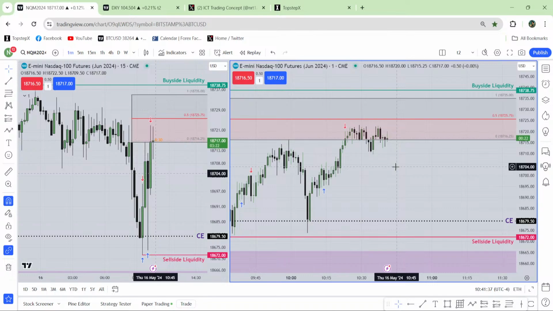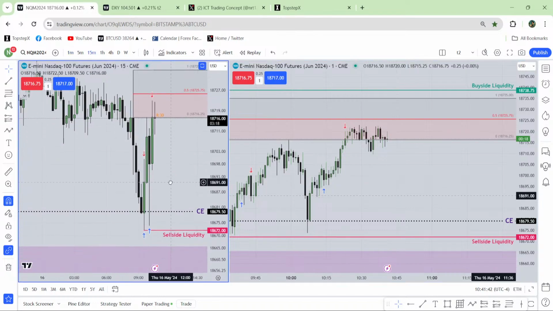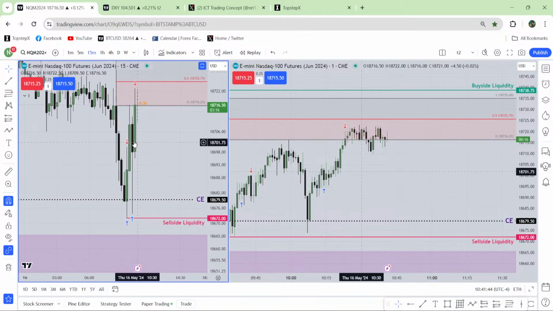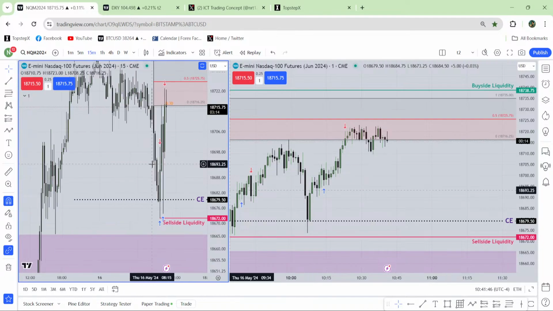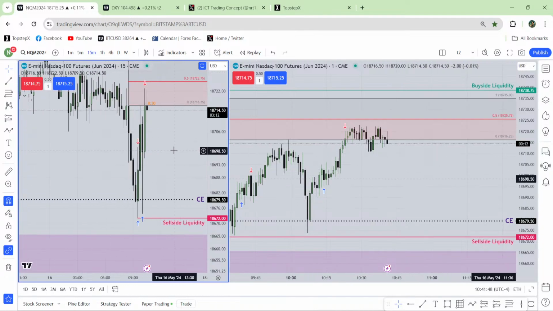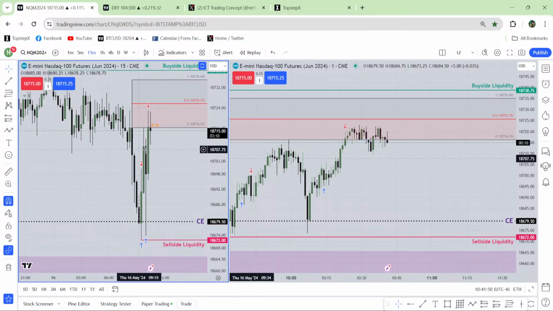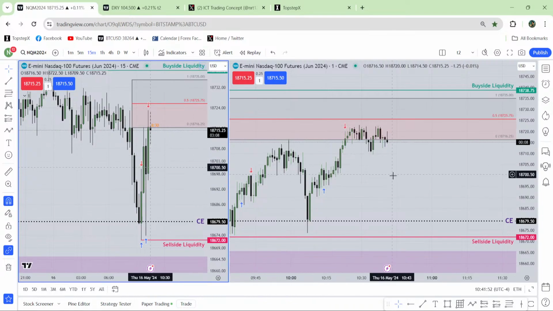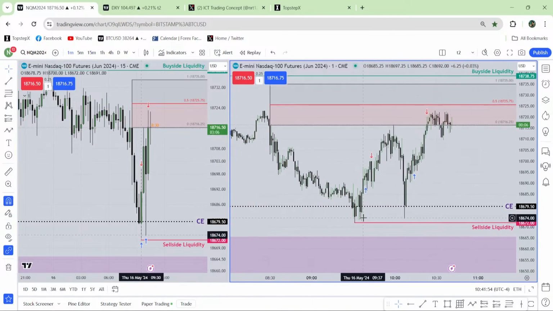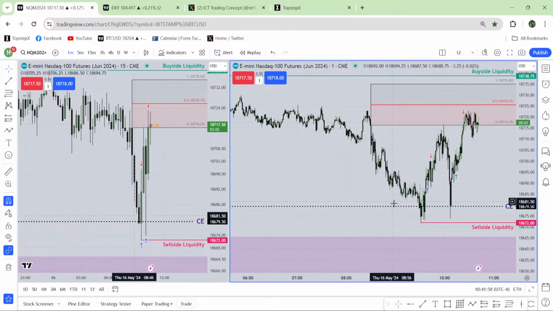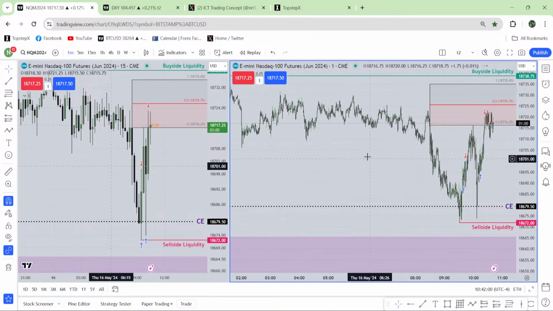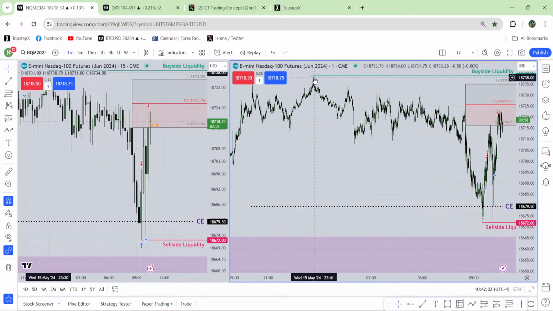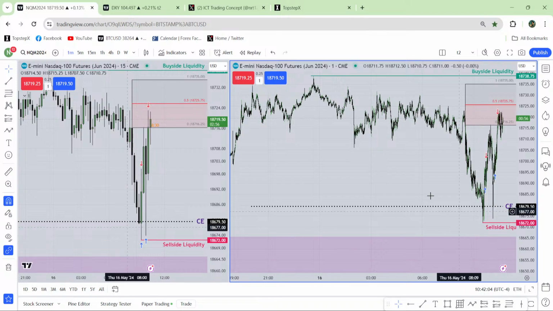Is that a potential inversion fair value gap on the 15-minute, brother? Which one are you talking about from the 15-minute chart? I don't see any inversion fair value gap yet. This is not clean price action, nothing yet. So far it's just consolidating in a longer range. It's called a volatile consolidation, so the market is range bound. Just look, this high, that low, the market is inside this price section.